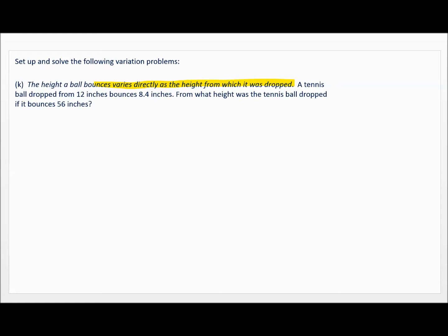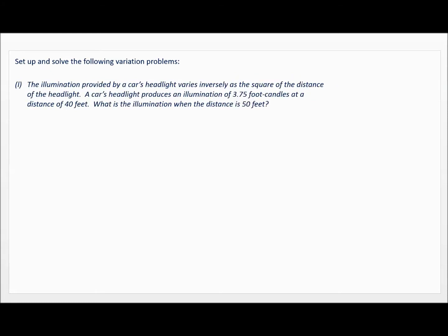Okay. Now, it may seem a little more confusing, but first of all, we don't have any variables, right? So we've got to, this is our last problem. The illumination provided by a car's headlight varies inversely as the square of the distance of the headlight.